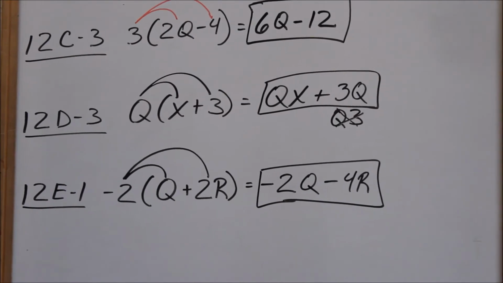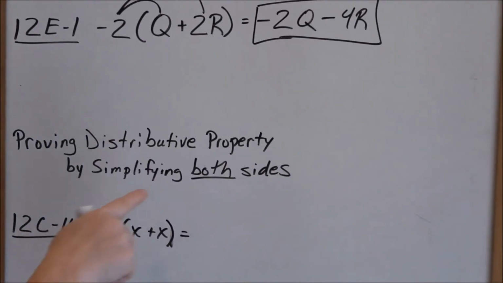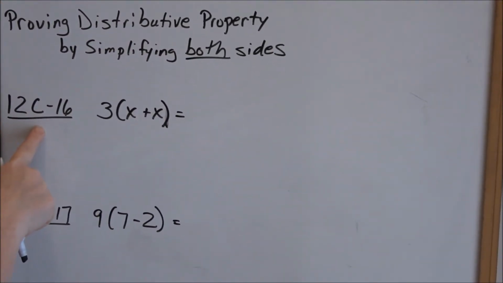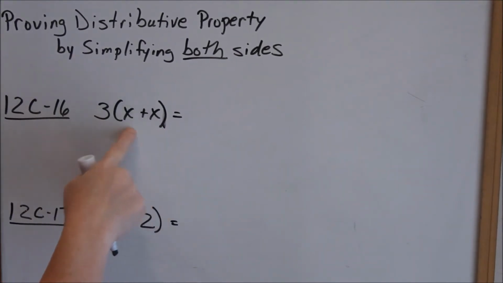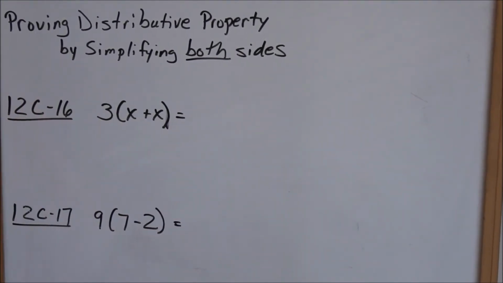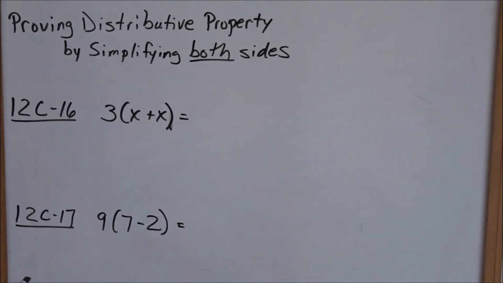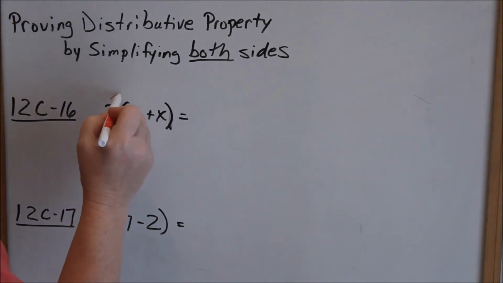Now, we're going to work some problems where we're actually proving the distributive property. We're going to prove it by simplifying both sides. So, look at 12C16. We're going to simplify this side, and then we're also going to use the distributive property. Using the distributive property first, we're just going to prove how distributive property really does work.